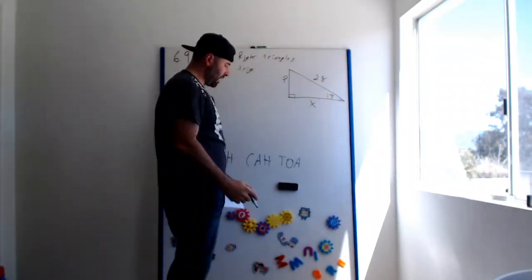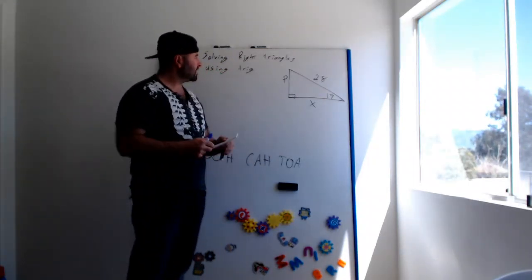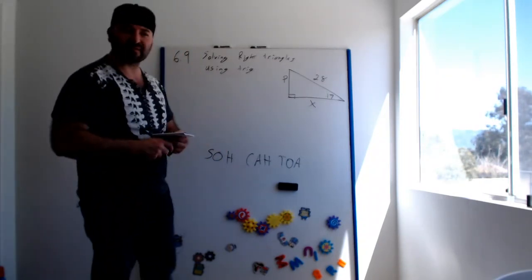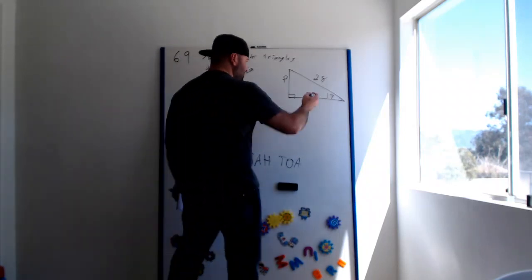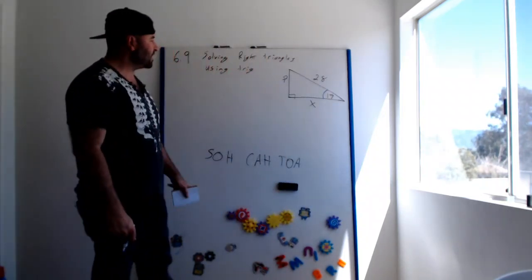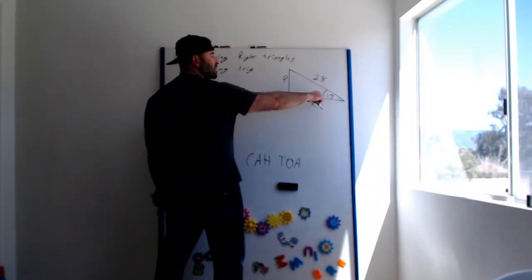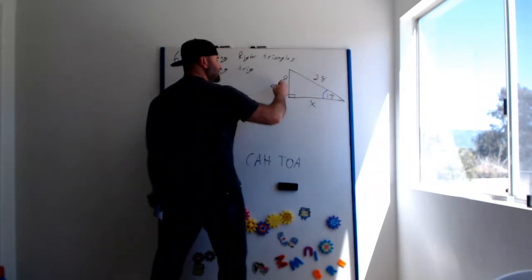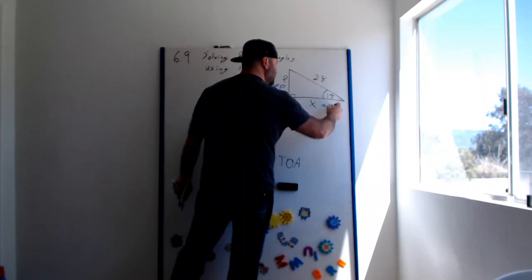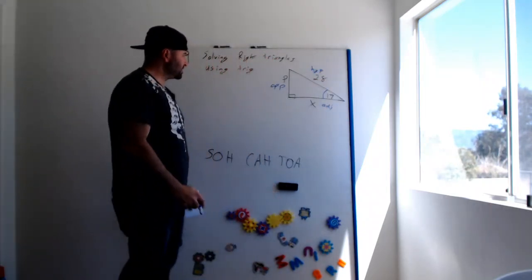Okay, so in this case, here's my problem that I have. 17 becomes my reference angle. And so we want to pinpoint everything in accordance to that reference angle. According to that reference angle, P is the side opposite, X is the side that is adjacent, and 28 is my hypotenuse.